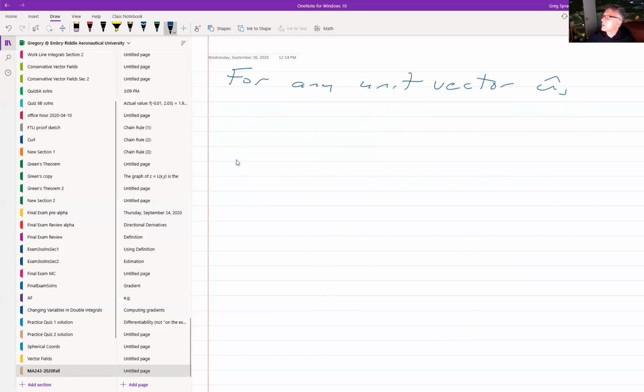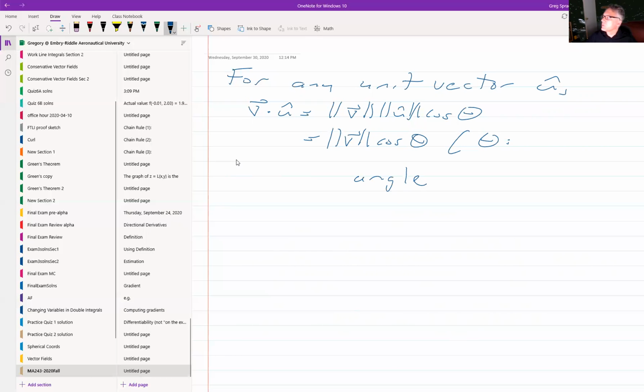For any unit vector u hat, v dot u hat is length v, length u hat, cosine theta, which simplifies to length v cosine theta, where as usual, theta is the angle between the vectors.